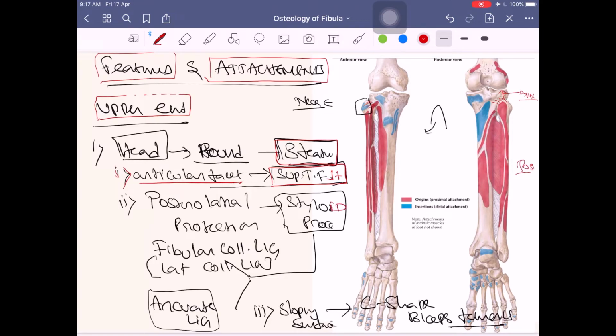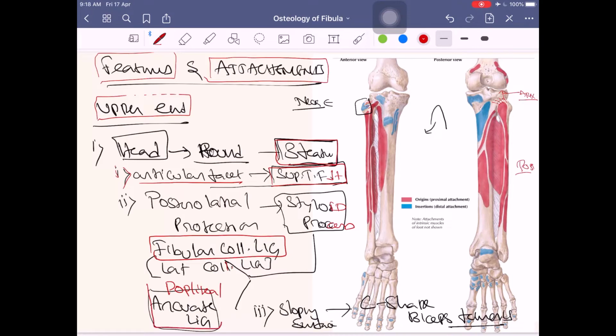So the styloid process, or your apex, is the second feature of the head, and this particular bony projection called the styloid process provides attachment to two ligaments. One is the fibular collateral ligament, also known as the lateral collateral ligament. The other one is the popliteal arcuate ligament.